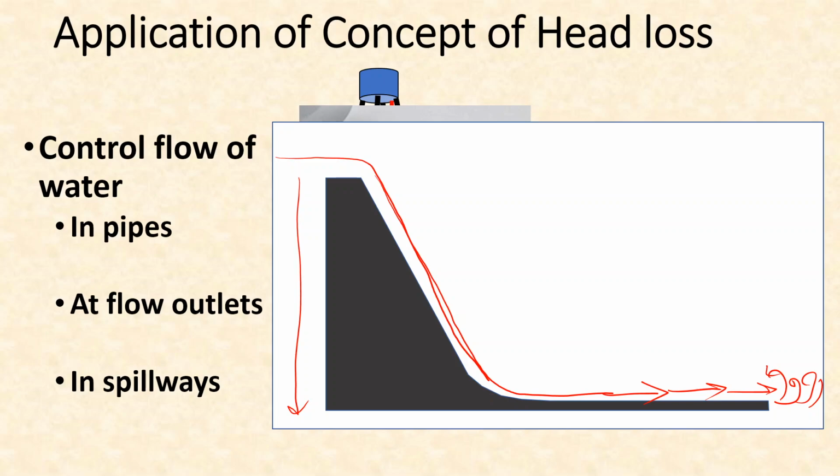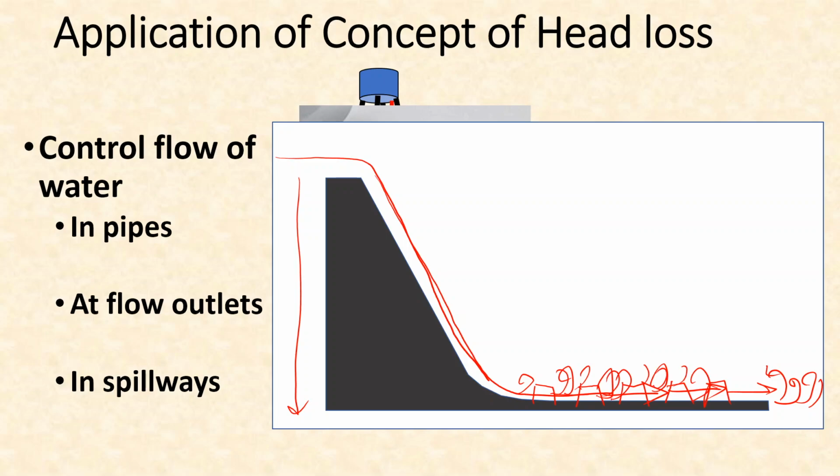So what we can do is we introduce some roughness artificially so that water doesn't flow smoothly here, and most of its energy is lost in overcoming these obstacles, these roughness elements.